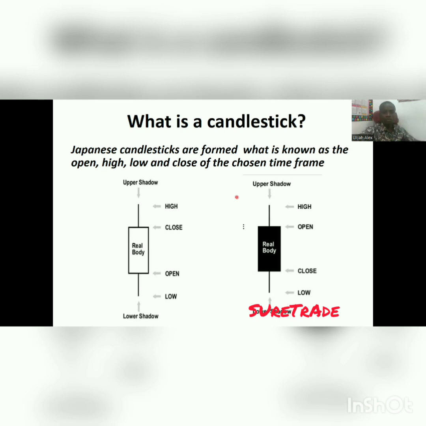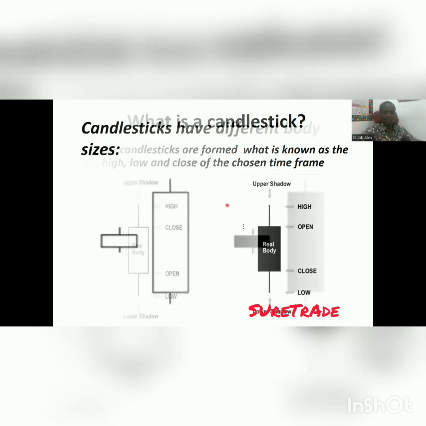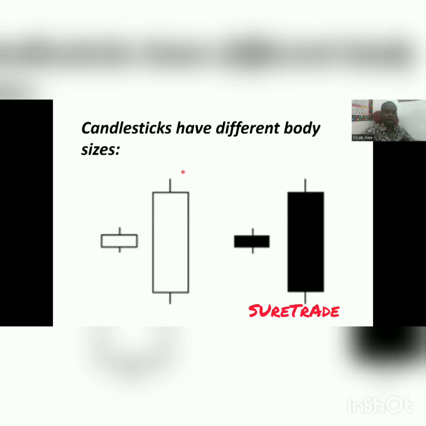Before I move to the candlestick patterns, I want to talk a little bit about body sizes. The body size of a candlestick matters a lot. It expresses, psychologically, the momentum with which either the sellers or the buyers are driving the market.